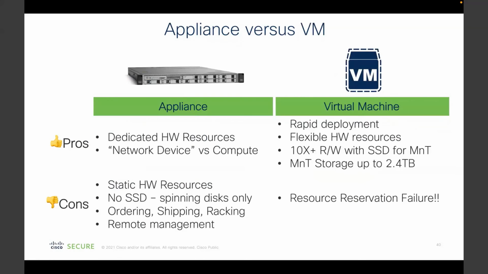The other reason is that sometimes in our political environments in our companies, some people define network devices as physical hardware, and anything that runs as a virtual machine, they consider to be a server or a compute resource. And so if you virtualize ISE, suddenly it's now a server or compute thing.